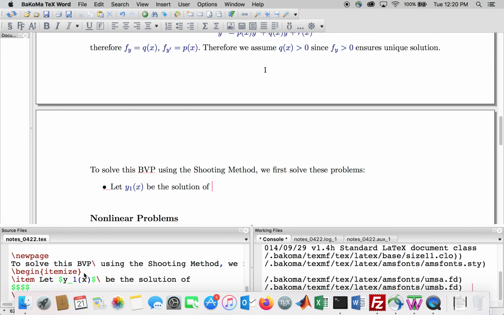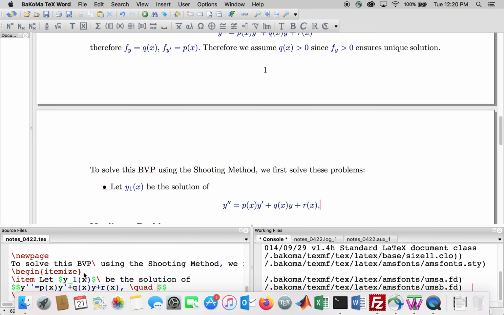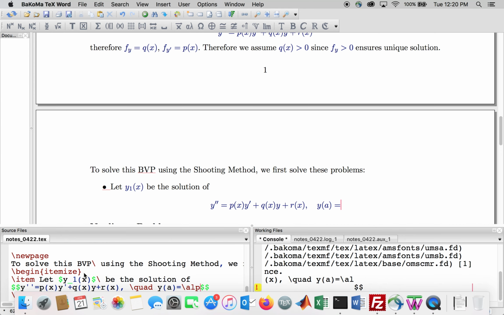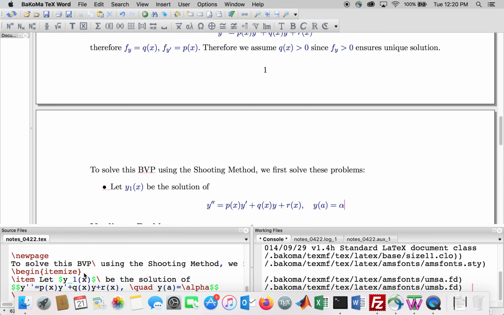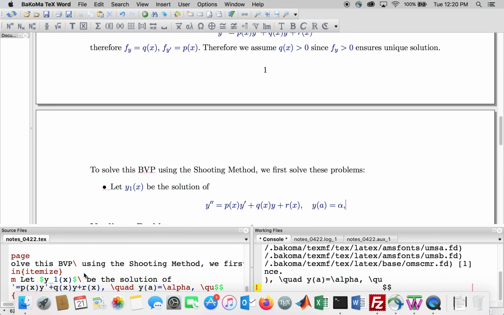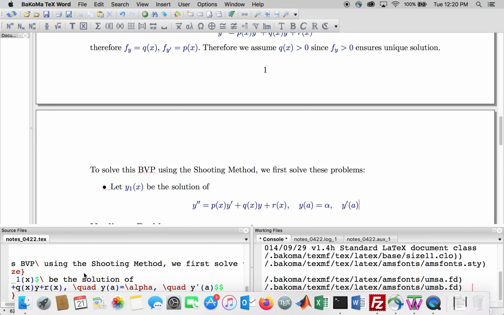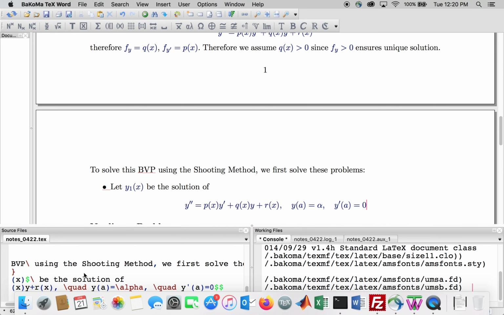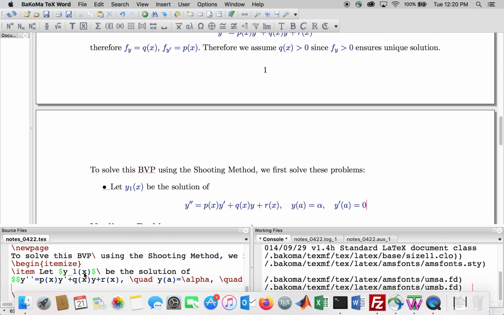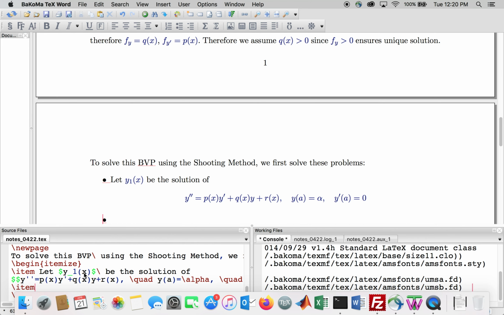So y1 solves y double prime, so the ODE will be exactly the same, and the boundary conditions will be y of a is alpha, taken from the original problem. But then we're going to assume that y prime of a is equal to 0. Okay, so this one's independent of whatever value of t we pick.